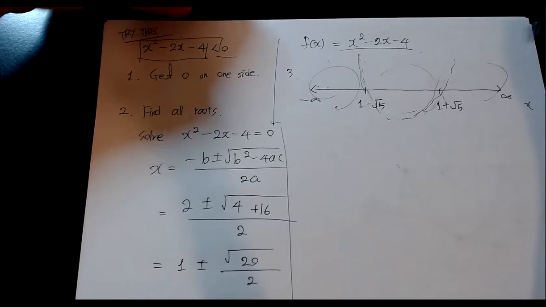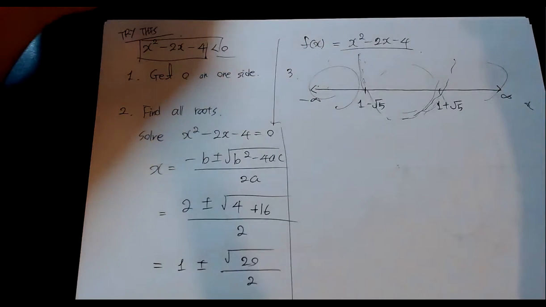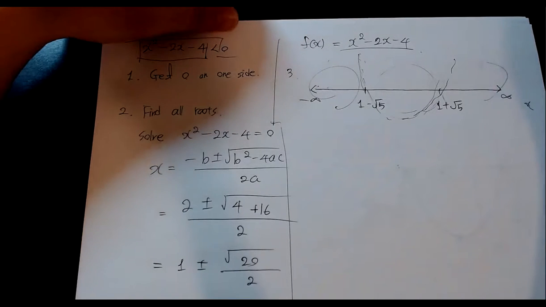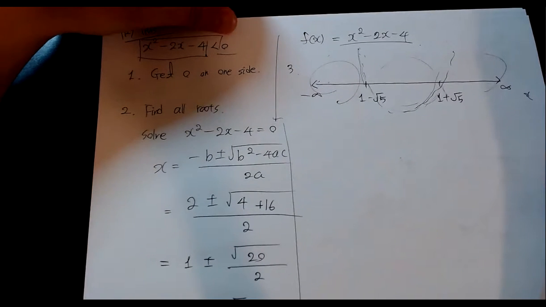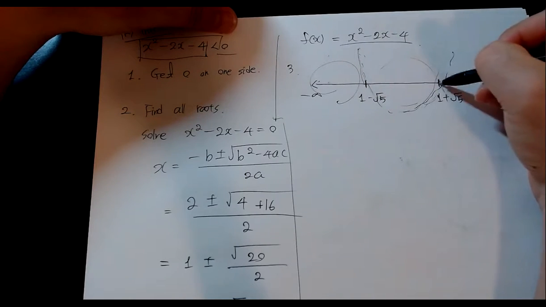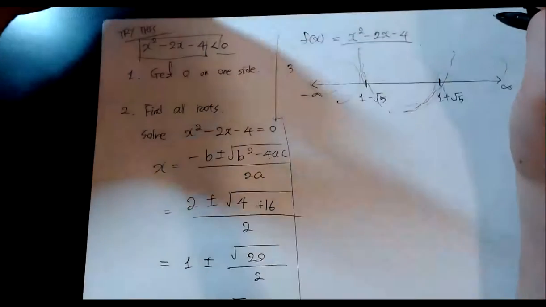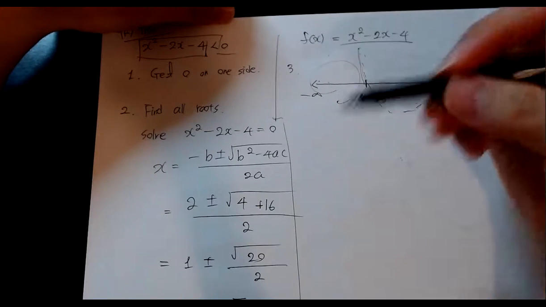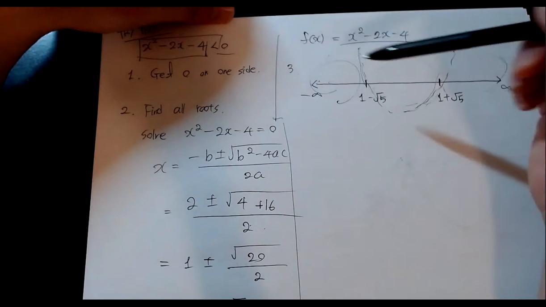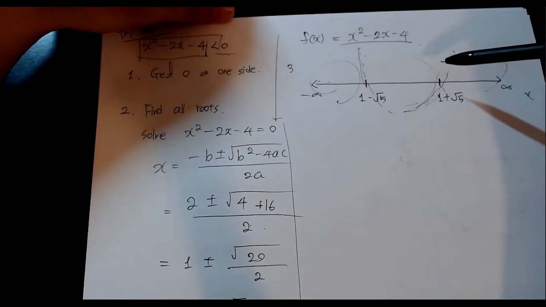Okay. But anyway, I told you that in the test point method, we don't plot the graph of f of x. Instead, we draw the number line and mark the solutions of the quadratic polynomial that we got in step 2, and then we divide the number line.